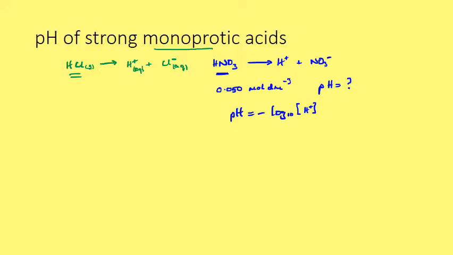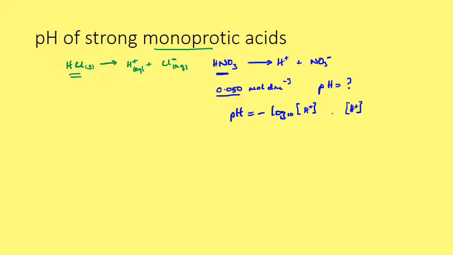Now, what is the hydrogen ion concentration? The concentration that we've been given, 0.05, is the concentration of the nitric acid. However, it's a monoprotic acid, and we have a one-to-one relationship of hydrogen ions or protons to the acid molecules.